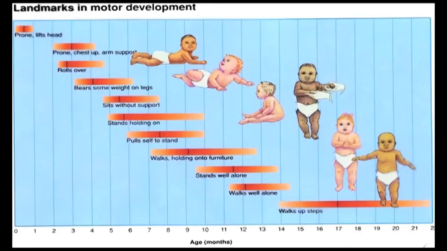The direction in which the growth and development take place is cephalocaudal, that is, from head to toe, and it is from the center to the periphery, that is called proximodistal. The growth and development process takes place in these two directions, from head to toe and from center to periphery. That is why the brain matures much before an individual gains control over the extremities.